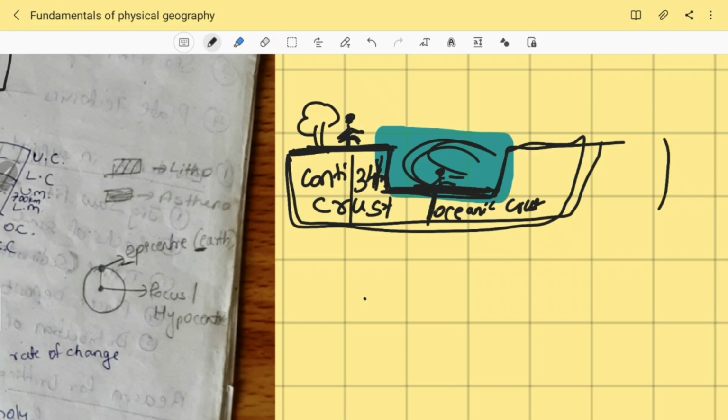Because the depth is very less here. So this oceanic crust is thin. So can we say that oceanic crust is thinner and continental crust is thicker, right?